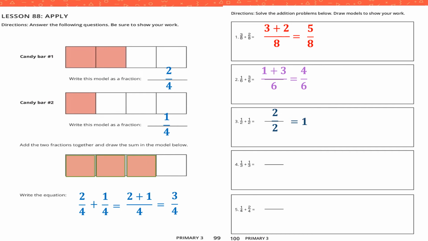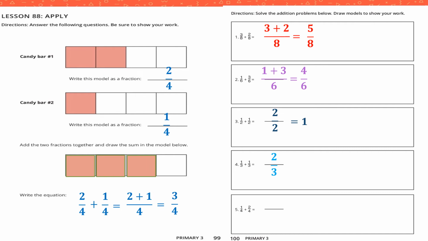We said before, any number over itself equals 1. It's a whole fraction. Number 4, 1 over 3 plus 1 over 3. Here, don't forget, same denominators, so put the denominator as it is, 3 down, 3 down, okay? And 1 plus 1 up equals 2, so the result, 2 over 3.